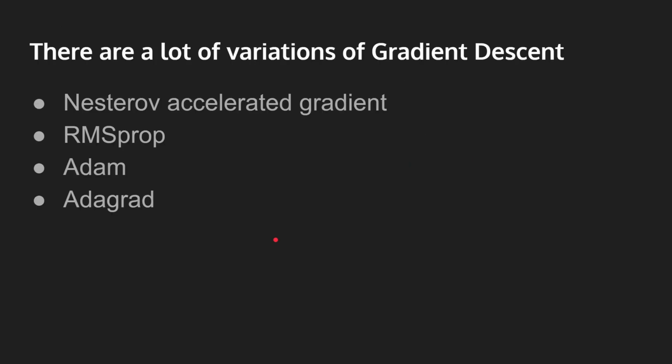Okay. And there are a lot of variations of gradient descent, such as Nesterov accelerated gradient, RMSprop, Adagrad. I will definitely discuss these in my future videos, but for now, you don't have to worry about them since this is still pretty introductory.